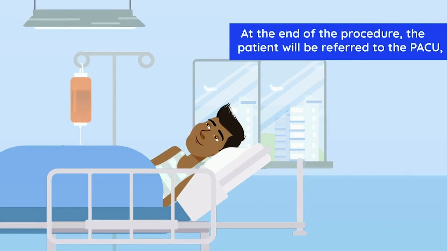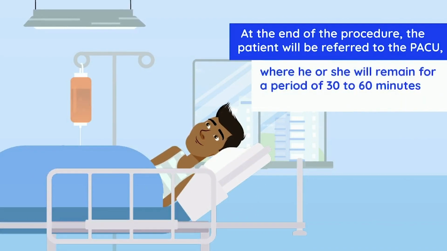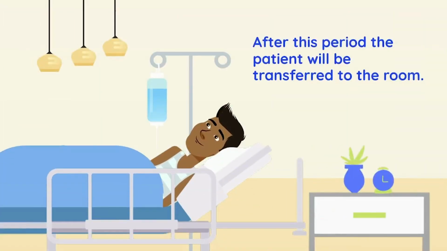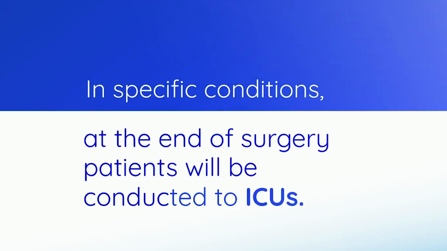At the end of the procedure, the patient will be referred to the PACU, where he or she will remain for a period of 30 to 60 minutes under monitoring and care. After this period, the patient will be transferred to the room. In specific conditions, at the end of surgery, patients will be conducted to ICUs.